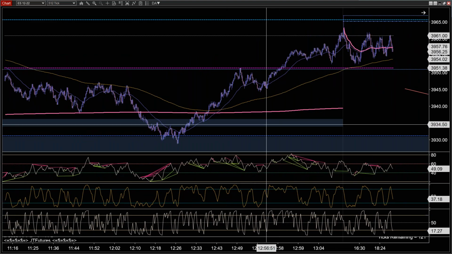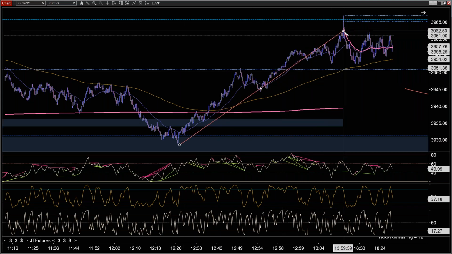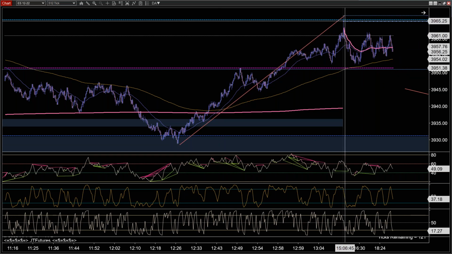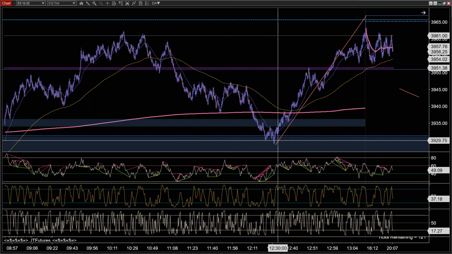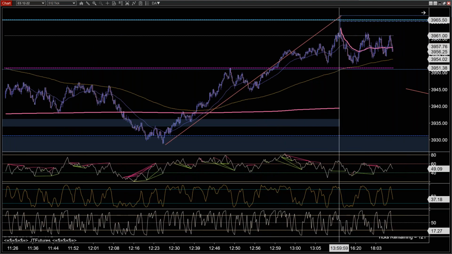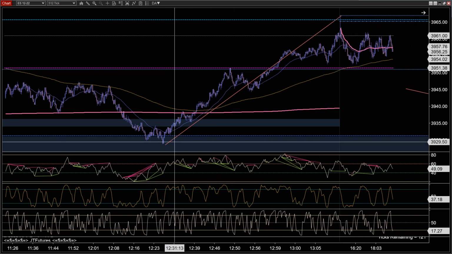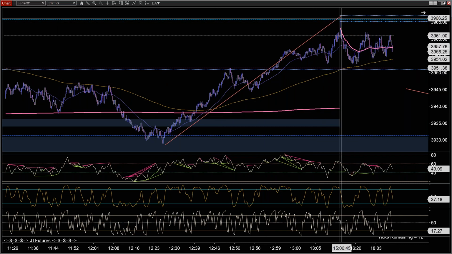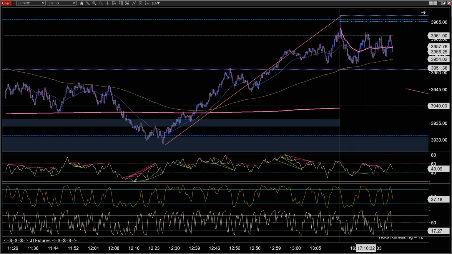So we have this nice push from down here all the way up, and then right into the beginning of Globex, there was a pop right up to there. And we had a nice leg up from the afternoon low from the day before all the way up to the high at the beginning of Globex. I'm defining this as a Fibonacci leg that I would then want to look at retracement levels for, if the market was to begin pulling back, for me to find entries.